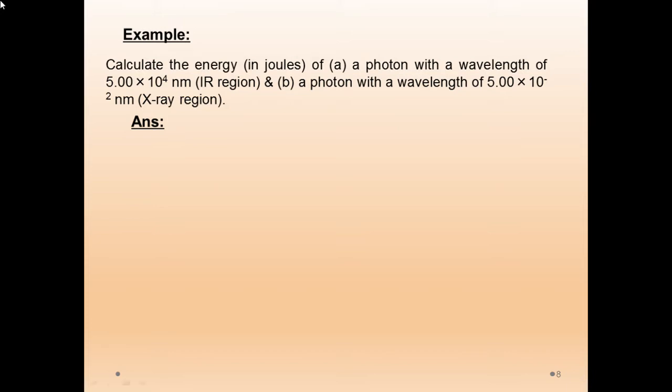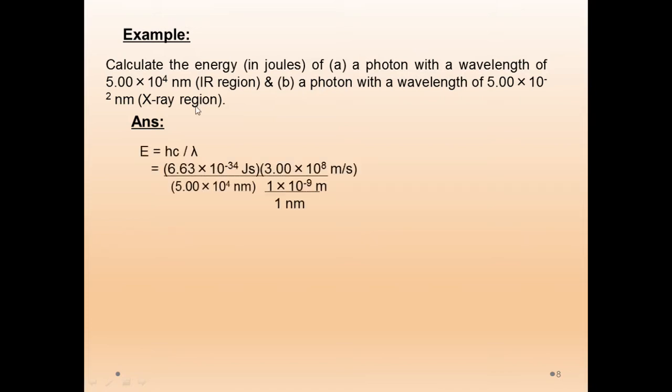So for example, calculate the energy in joules of a photon of light with a wavelength in this region. It is an infrared region. And question B, a photon with a wavelength in this X-ray region. So by substituting, the Planck constant is given. You know these constants.